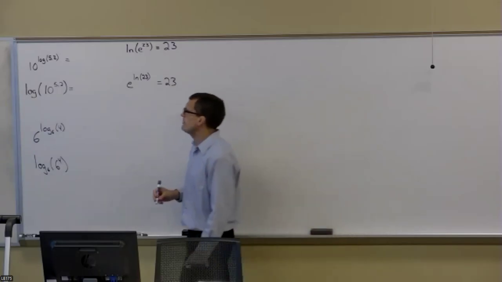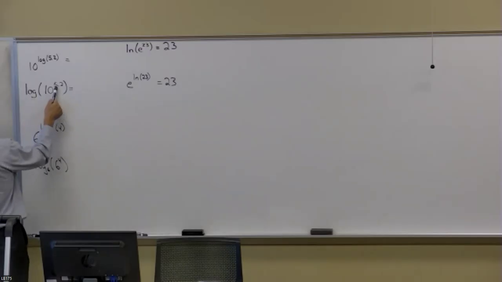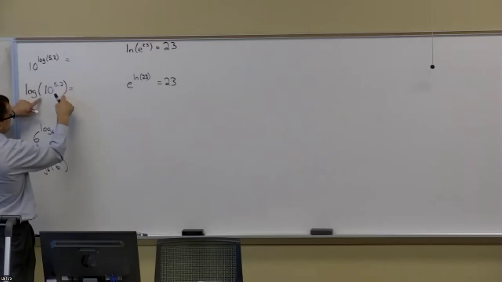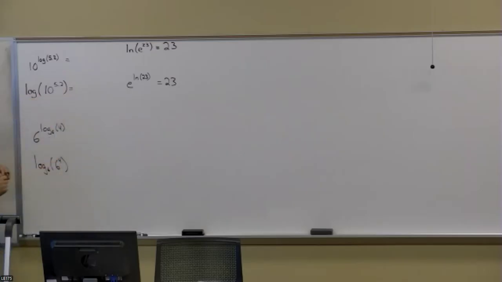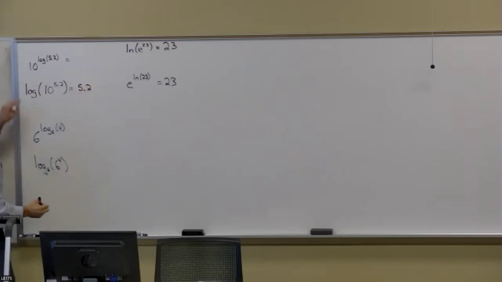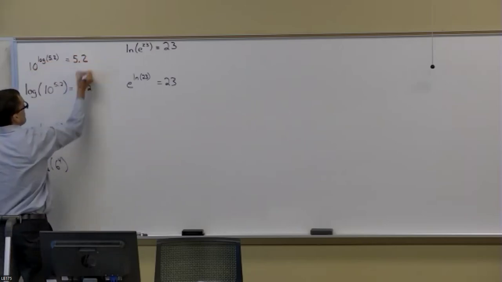If I do that with base 10, it's going to work the same way. Log of 10 raised to the 5.2, where 10 raised to the 5.2 is all in the argument of the log, gives me 5.2. And then if I take 10 raised to the log of 5.2 power, I get 5.2.